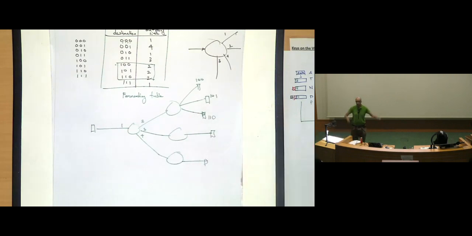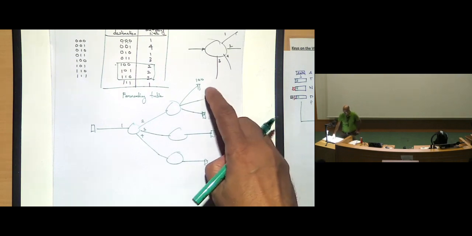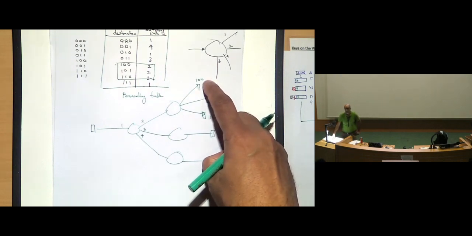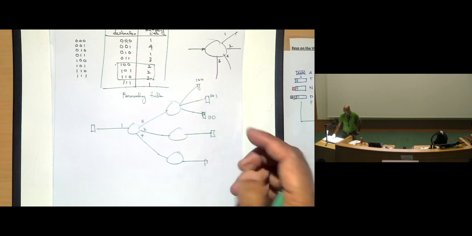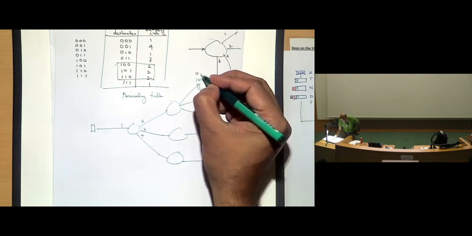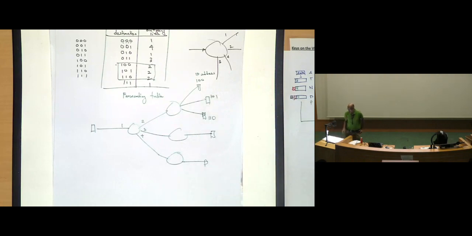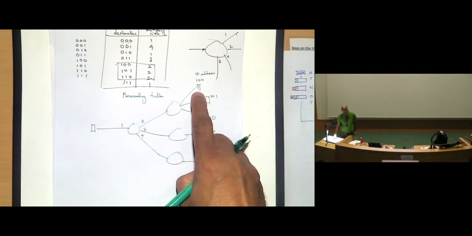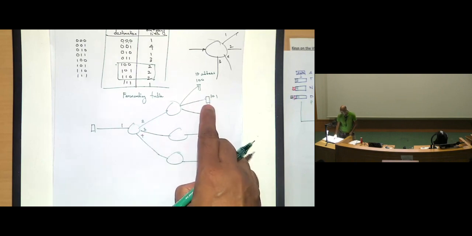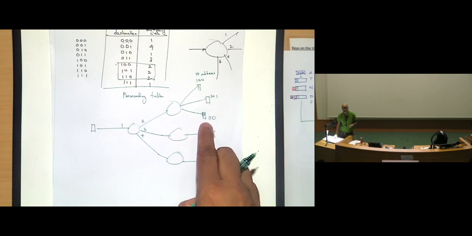So in this case, the way I have drawn my network, end hosts with address 100. So you can think of this as the IP address, the address of the computer. So in this case, computer number 100 with the address 100 is here. Computer 101 is here. 110 is also here.